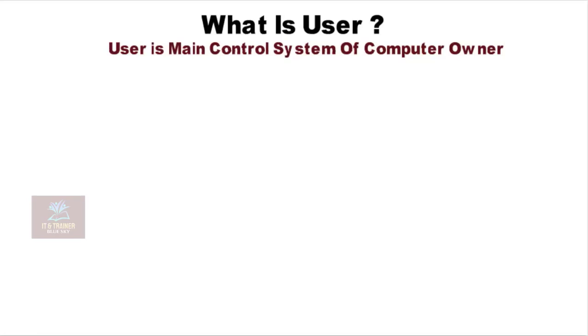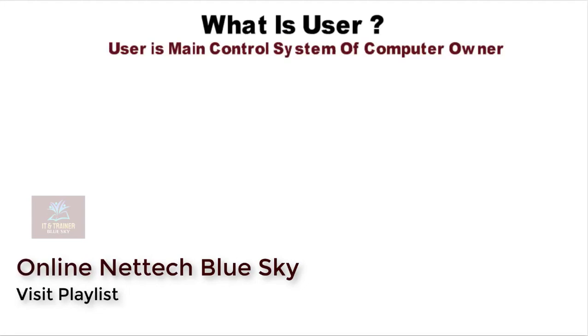A user is a type of owner. Two types of user are available: first is the administrator, meaning the main user, and second is the local user. The user controls your operating system and is one type of access feature.